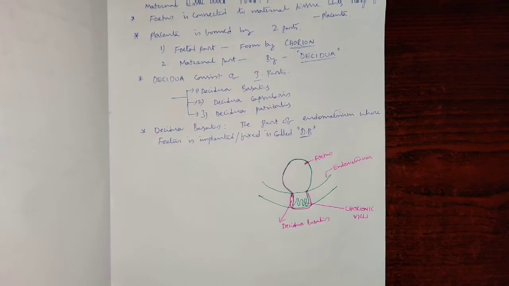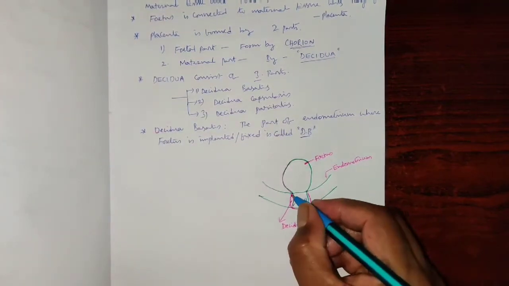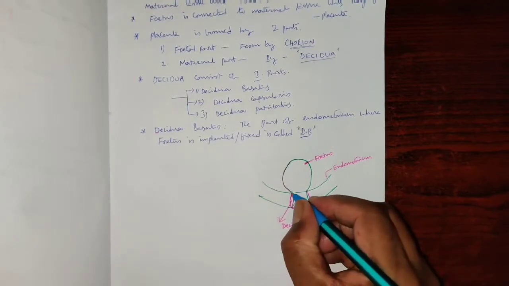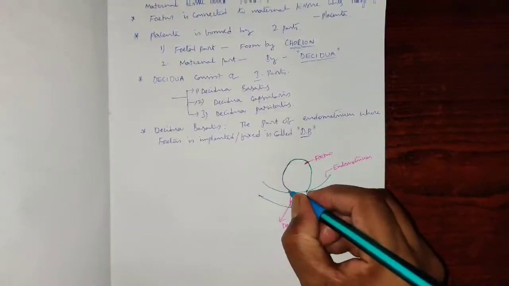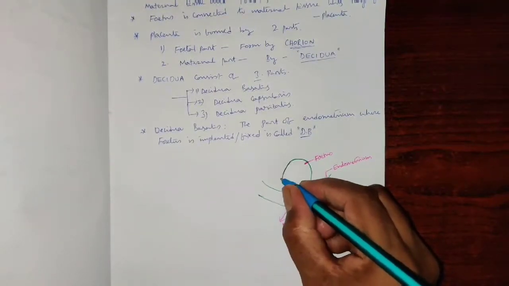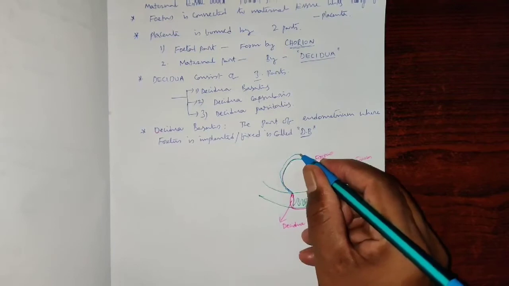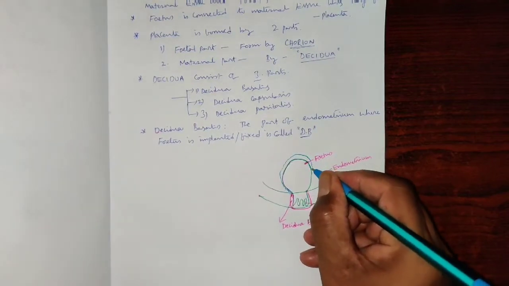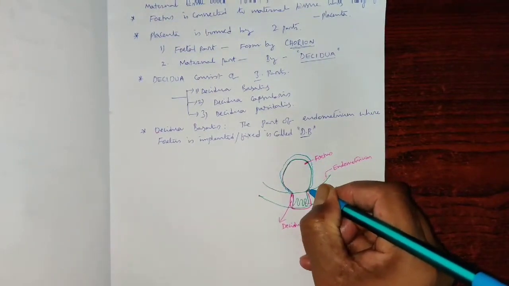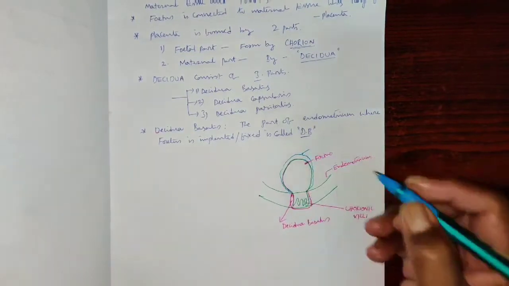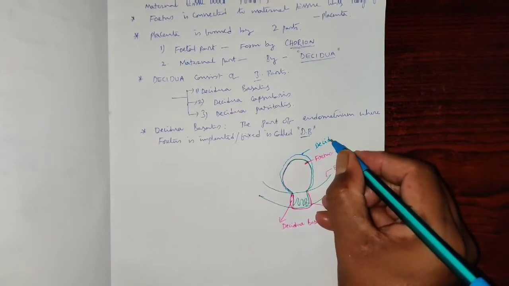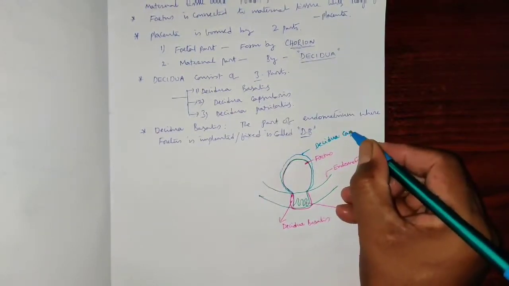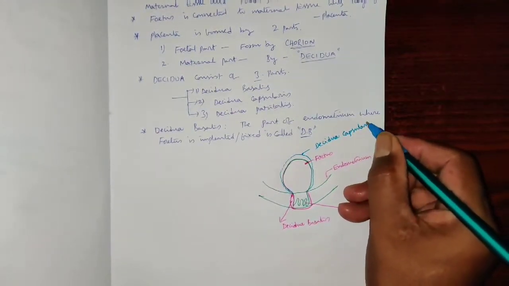And the decidua basalis is part of the endometrium, and this endometrium part is extended around the fetus. This part we can call decidua capsularis.